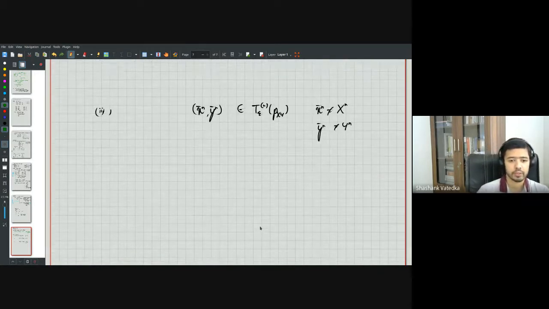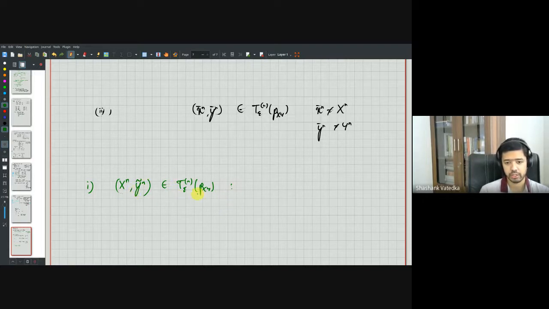All right. So let's look at the first probability, which is that xn and yn tilde are in the jointly typical set T epsilon n of pxy. Note that this has to be in the jointly typical set, and these two are encoded to the same pair of code words, right?